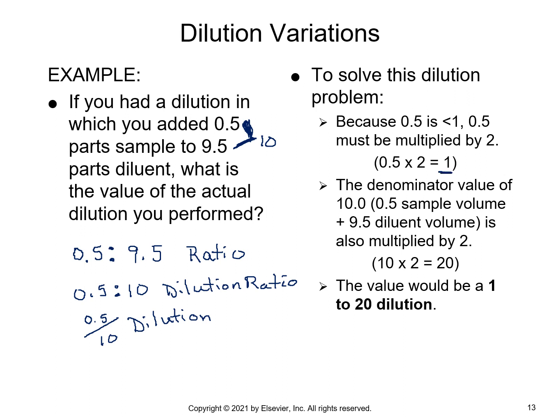Of course, if we're multiplying the top number by 2, then we need to multiply the bottom number by 2 as well. So that's where the bottom number comes in to actually be 20. So if we write that out, it would be a 1 over 20 dilution, whereas 1 part would be sample, out of the whole of 20.